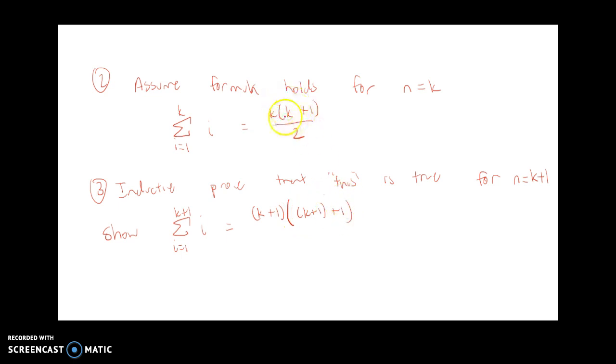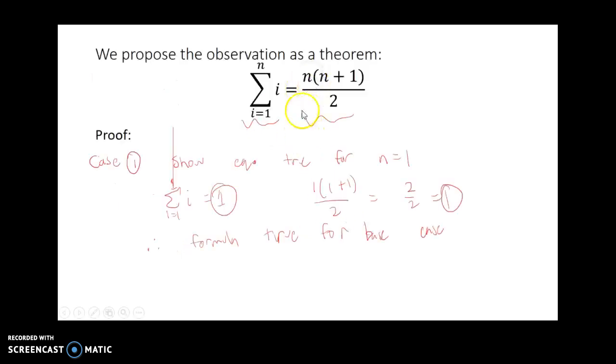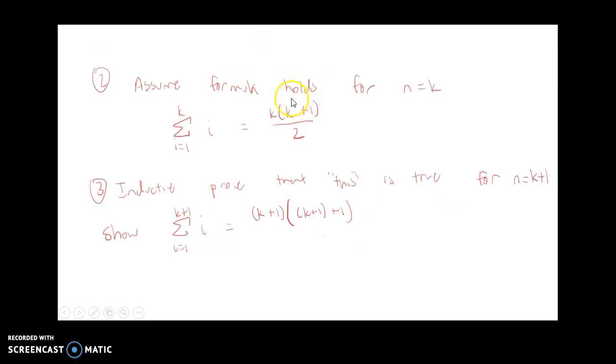What I'm replacing is, in our formula, the n's get replaced with k plus 1, right? Because my ending index is k plus 1, so both of these n's should be k plus 1 as well. If I divide all of that by 2 and simplify a little bit, that should come out to k plus 1 times k plus 2 over 2.